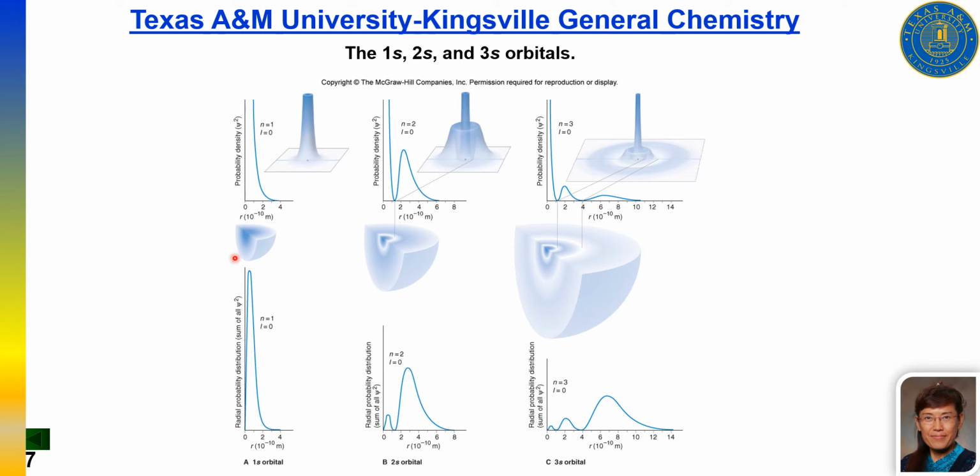Your 1s orbital looks like a sphere. Your electrons occur along this region. If your orbital is 2s, you do have something we call a node, N-O-D-E. If your orbital is 3s, you have spheres, but you have 2 different nodes.